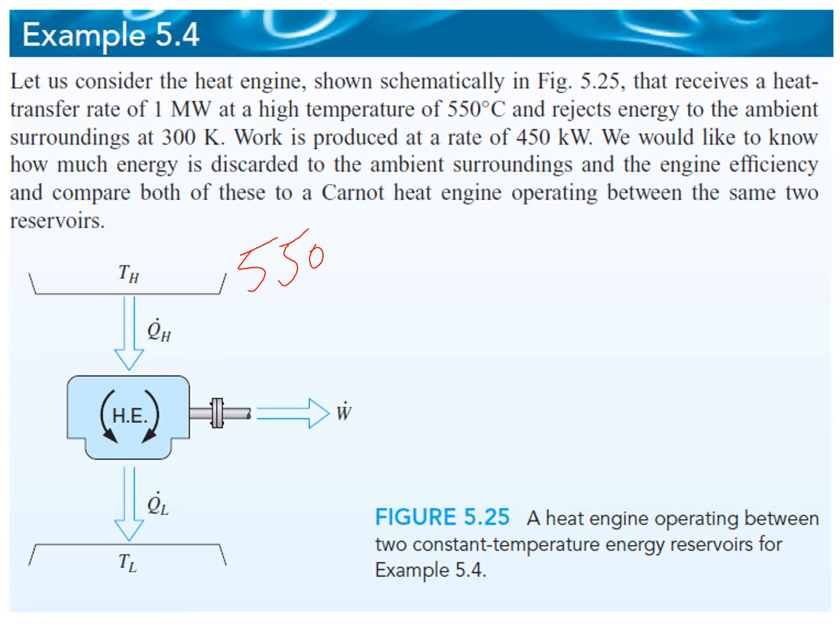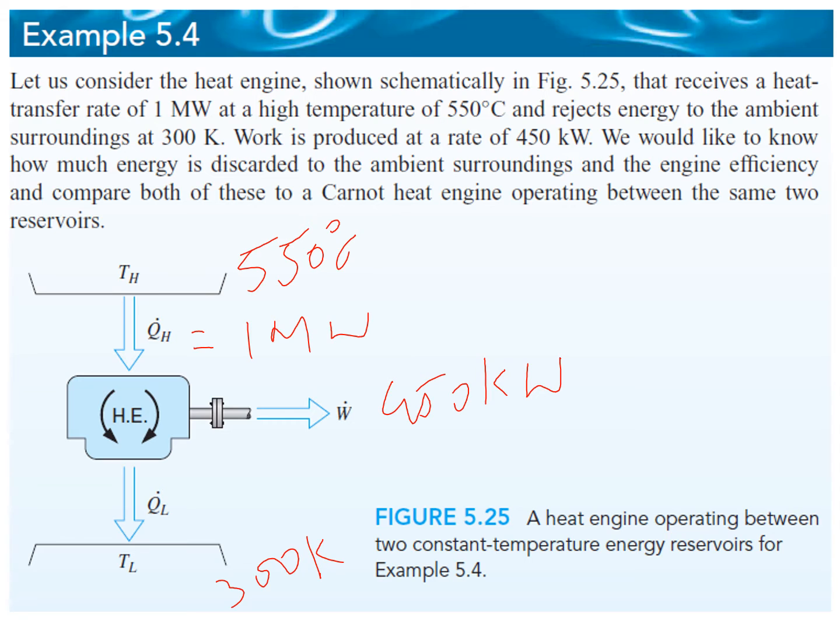So this is 550 degrees centigrade, and QH dot is 1 megawatt, and it rejects the heat at 300 Kelvin, and the work that it produces is 450 kilowatts.